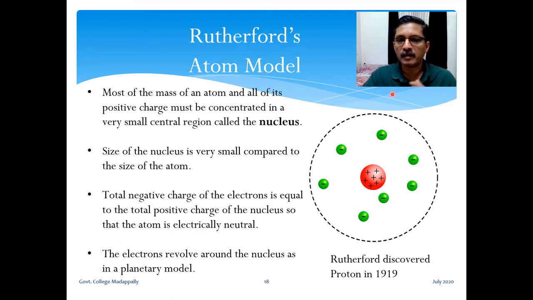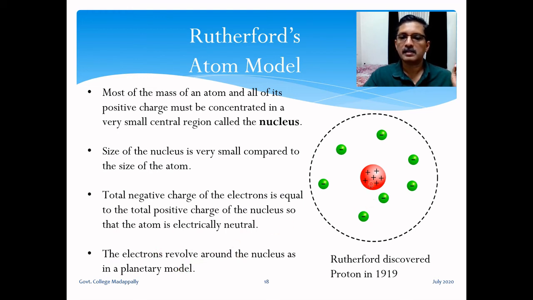We have already seen the different aspects. Let us consolidate them. Most of the mass of an atom and all of its positive charge must be concentrated in a very small central region called the nucleus. Size of the nucleus is very small compared to the size of the atom. Total negative charge of the electrons is equal to the total positive charge of the nucleus, so that the atom is electrically neutral. The electrons revolve around the nucleus as in a planetary model.